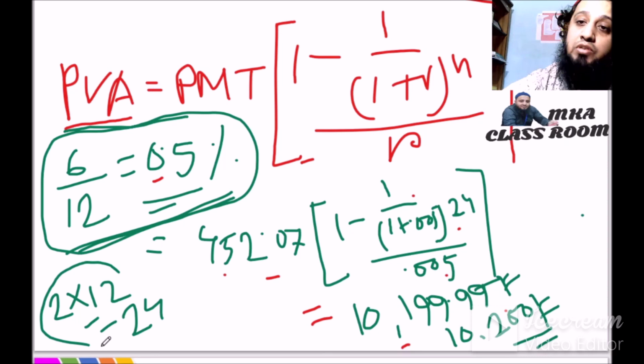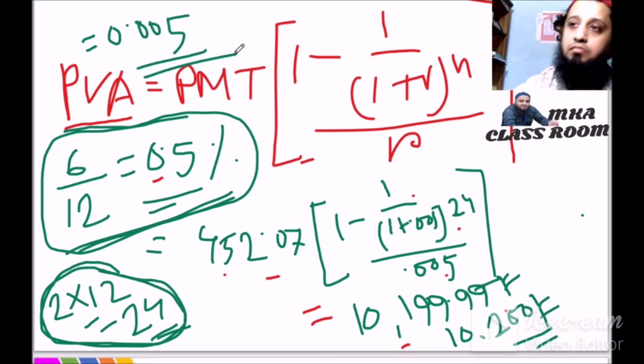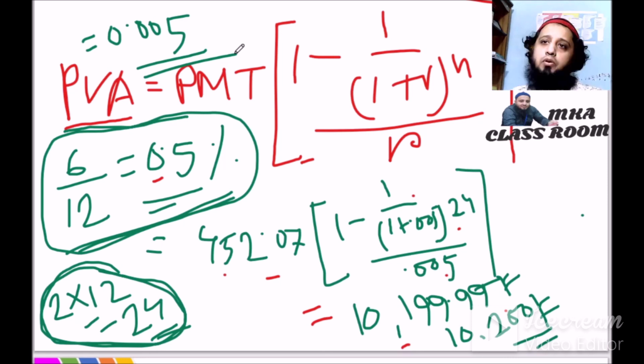So n equals 24 and r equals 0.5%. Remember that 0.5% in decimal is 0.005.